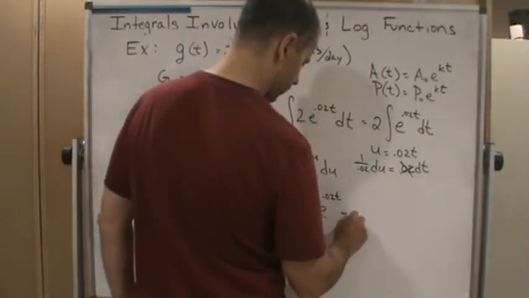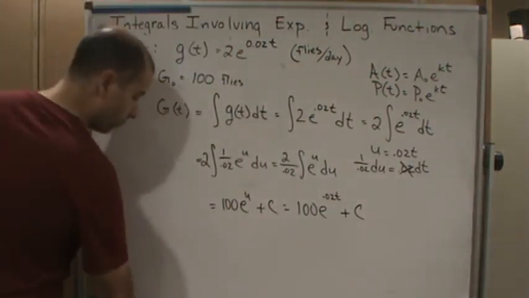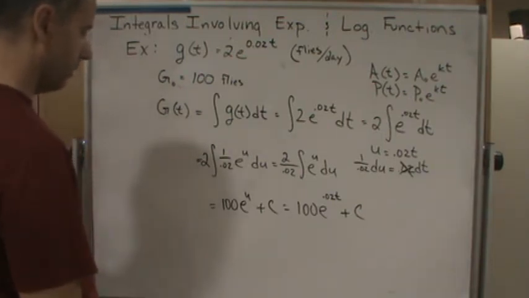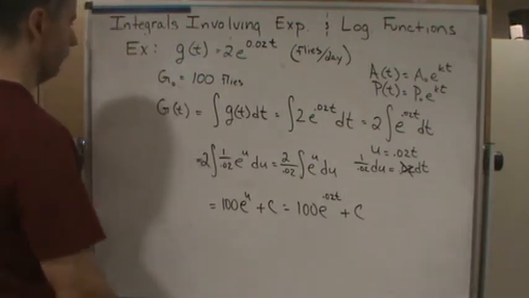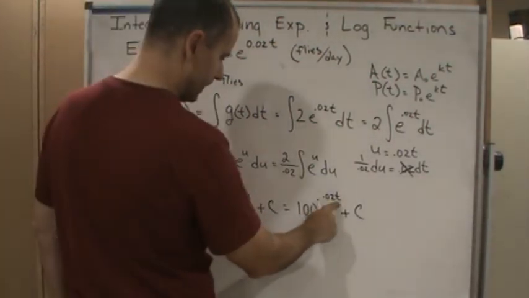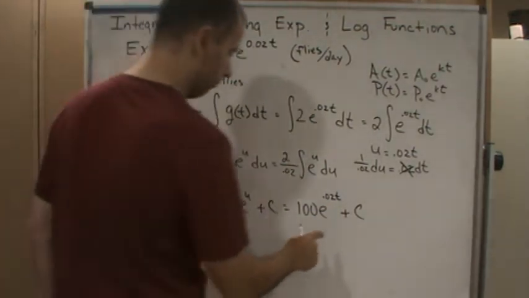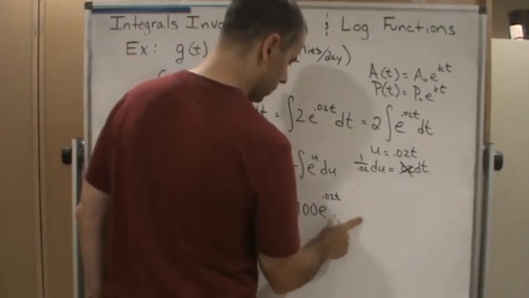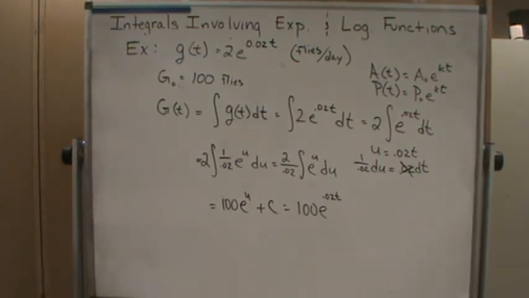Now we're going to use the initial information that we have 100 flies. The initial population is 100. When t is 0, e to the 0 is 1, so we get 100 plus c, which means c must be 0. In the other cases that we dealt with, the constant didn't turn out to be 0.